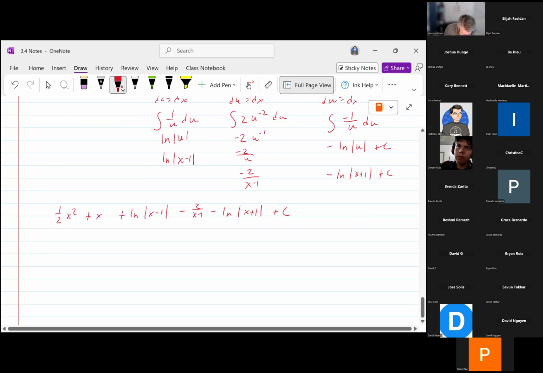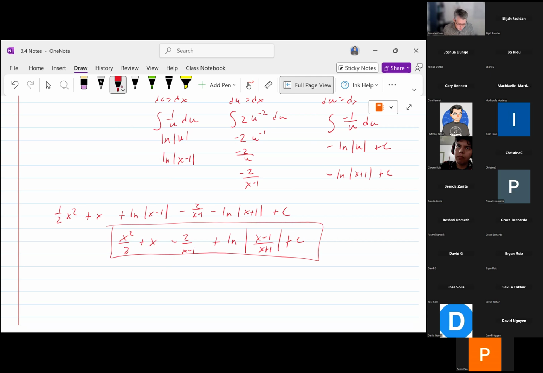I could just make this into maybe x squared over 2 plus x minus 2 over x minus 1 plus the natural log of x minus 1 over x plus 1 plus c. But again, that last step's not necessarily necessary. Okay, I would just be glad that you got the integration correct to begin with.